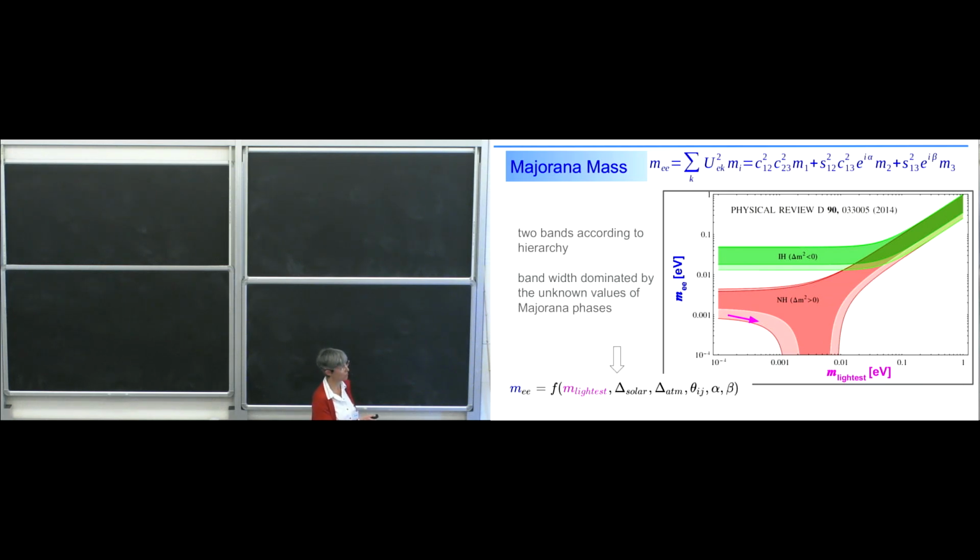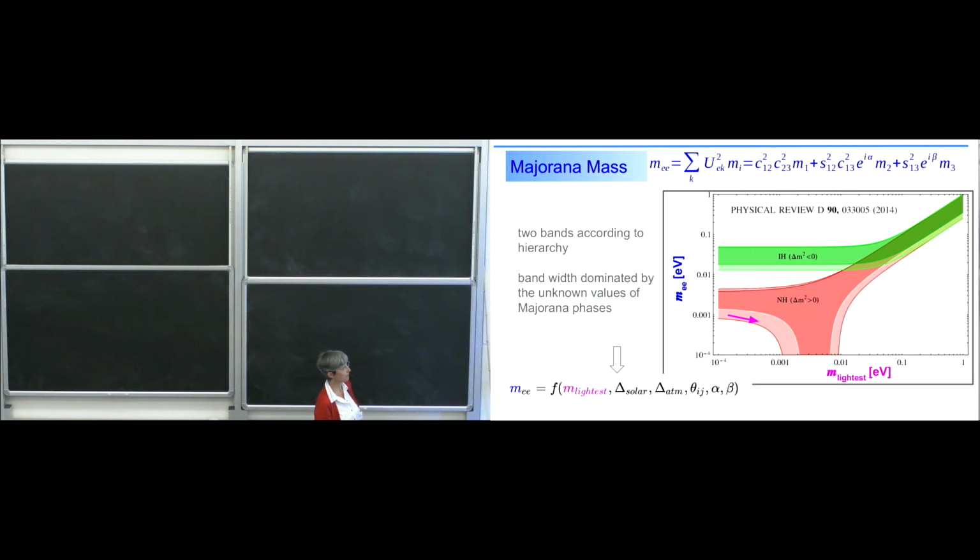Let me say it like this. We want to explore the full range, of course, but we proceed step by step. The present experiments were able to achieve more or less a sensitivity that is here. And the goal of the next generation experiment is to be able to go down here.